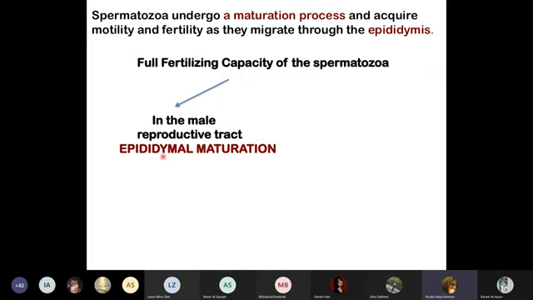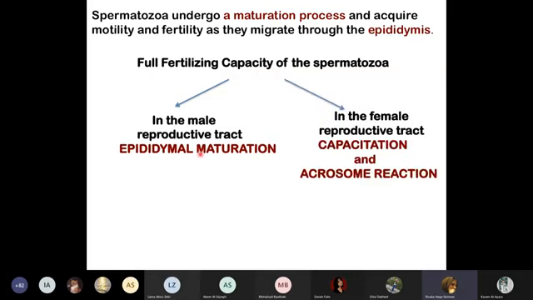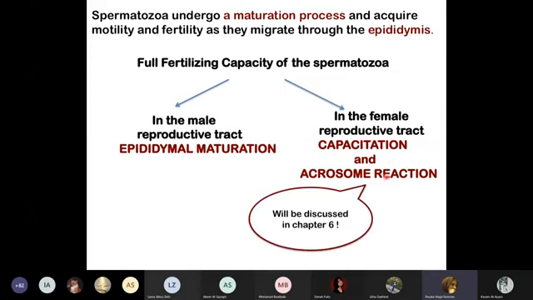In the male reproductive system, it acquires epididymal maturation. However, in the female reproductive system, if there is sexual intercourse and these sperm cells are ejaculated in the female reproductive system, the sperm will undergo capacitation and the acrosomal reaction, and this will make them fully fertilizing. This will be discussed in chapter 6.